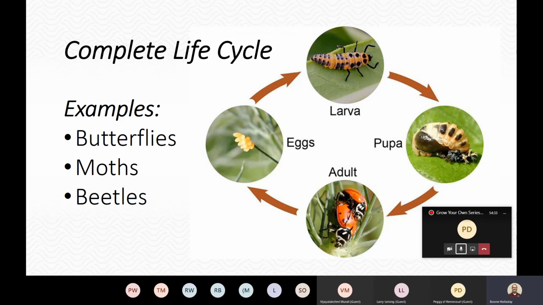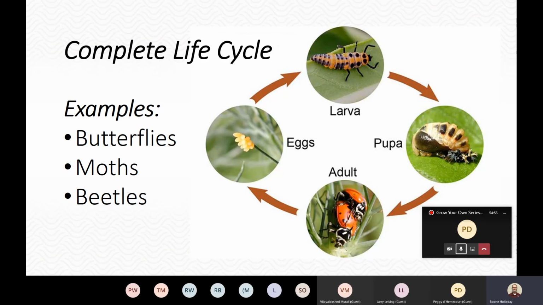We see the egg in the middle, and when those eggs hatch, they develop into a legged mobile larva, and then they'll pupate into the adult form that feeds, mates, lays eggs, and then completes that full life cycle over and over again.